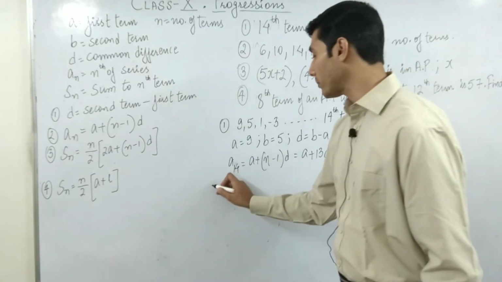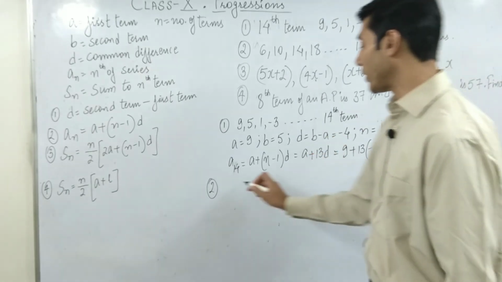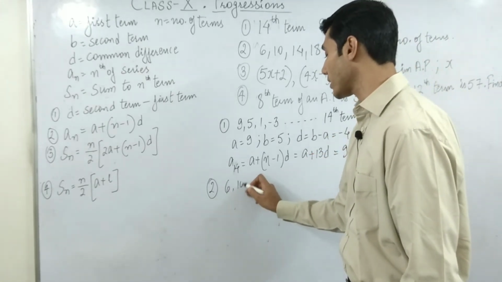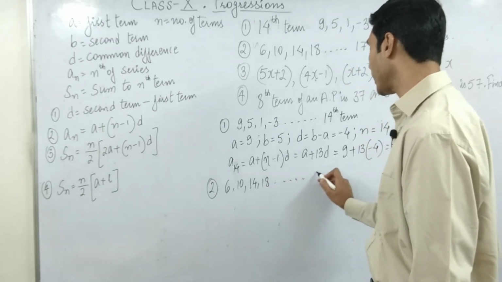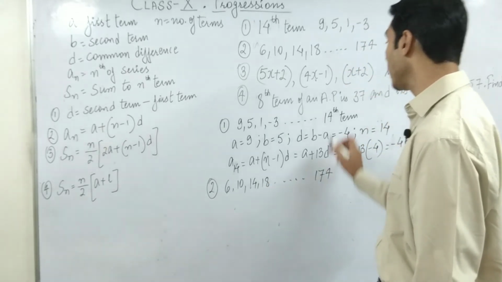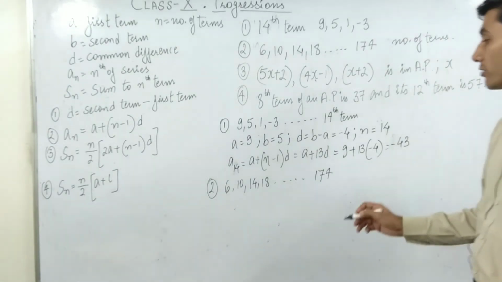Let's come to question number 2 a bit quickly. 6, 10, 14, 18, 174. So there is this 6, there is this 10, there is this 14, there is this 18, and so on, and there is some last term, which is equal to 174, and I need to find out the number of terms. So let's find it out.